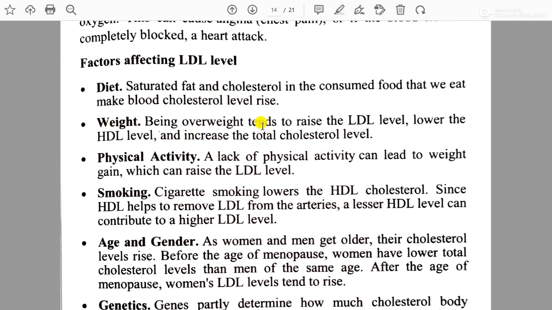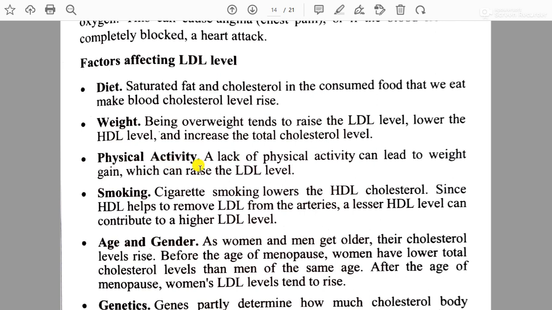Being overweight tends to raise the LDL level, lower the HDL level and increase the total cholesterol level. Total cholesterol is the sum of the HDL and LDL. So if we are overweight, it tends to increase the low density lipoprotein level in our body. As a result, the HDL level will also lower.